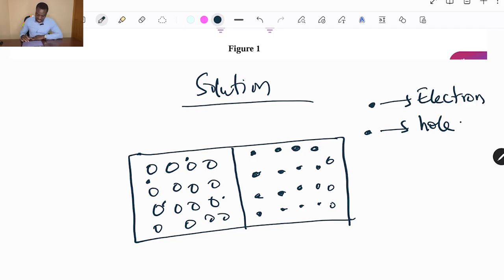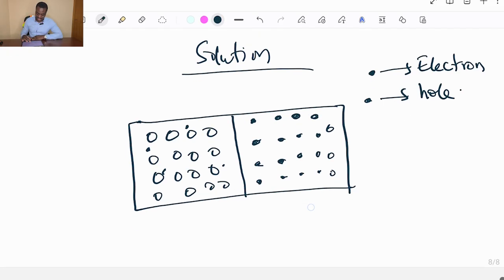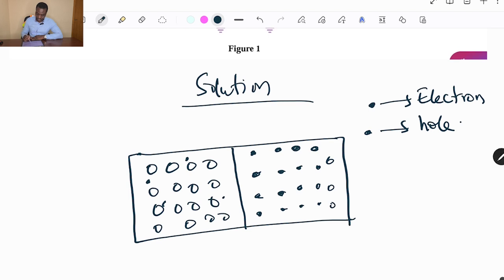Because the N region has majority electrons, these electrons will start to migrate or diffuse across the PN junction.